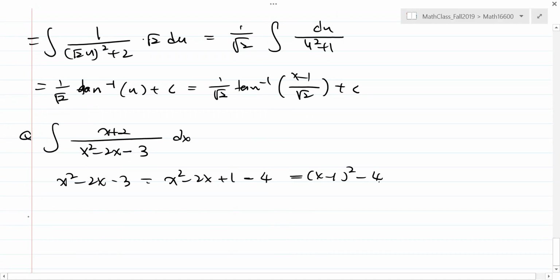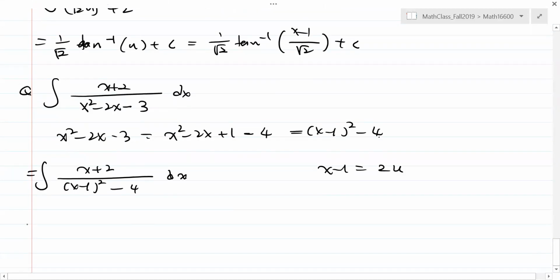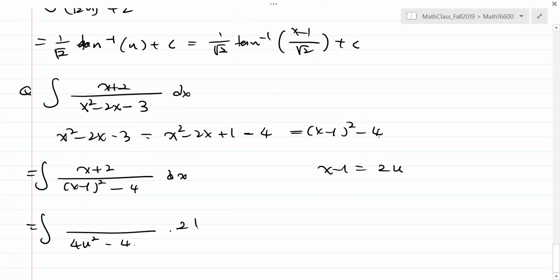So I will get the integral of x plus 2 over (x minus 1) squared minus 4 dx. It's a very natural idea. You let x minus 1 be 2u, so then you get 4u squared. So the integral becomes 4u squared minus 4, and the dx is 2 du, right?